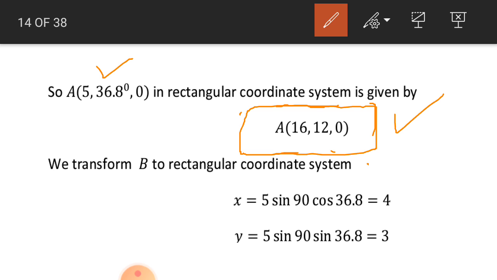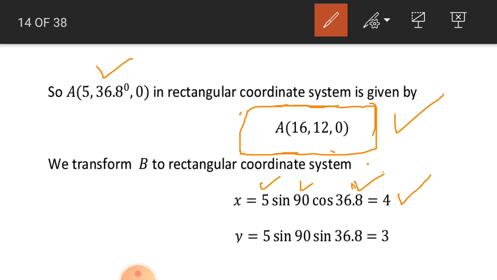We transform the second point, which is B, from the spherical coordinate system into rectangular coordinate system. We know that x is equal to r sine theta cos phi. So x is 4.